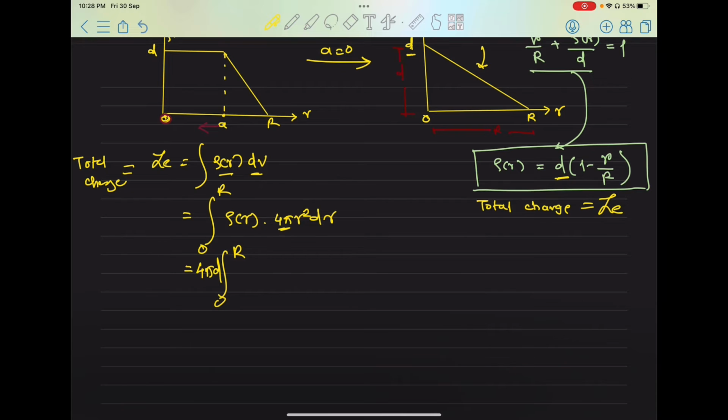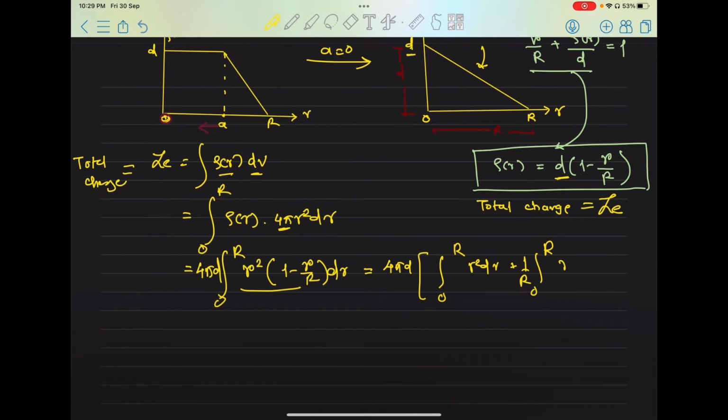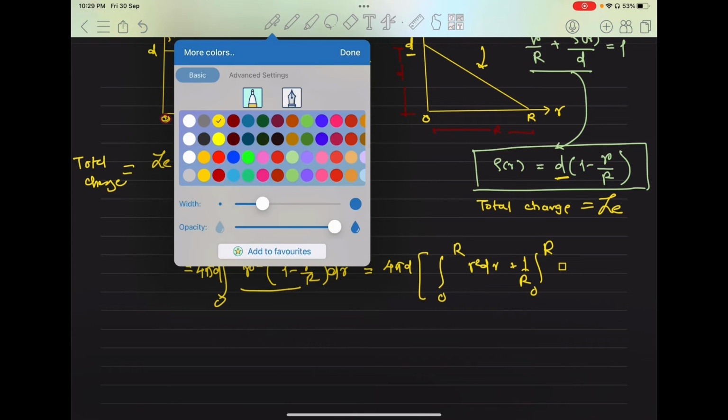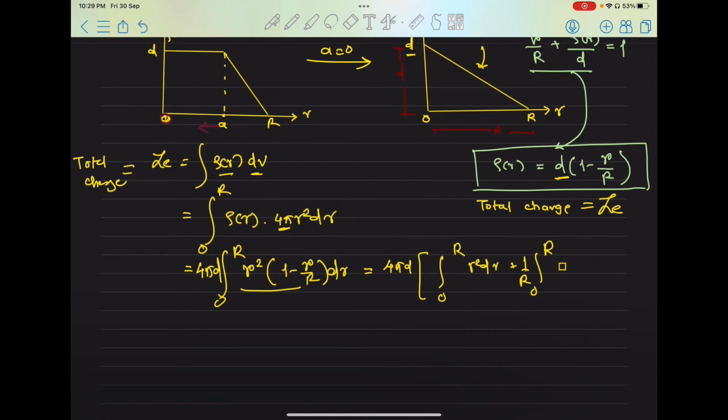This d and this 4 pi will be taken common, and what we will have is r squared times (1 minus small r by capital R) dr. Okay, so we will split this term, and finally we will have integral 0 to capital R of r squared dr plus integral 0 to capital R, also 1 upon R factor will be there, and it will be r cubed dr. Okay, we know these integrations are straightforward.